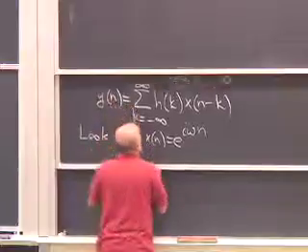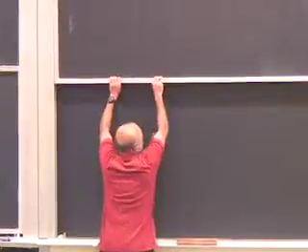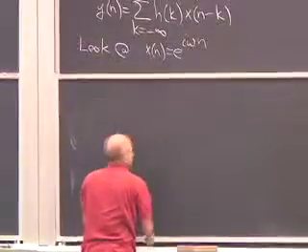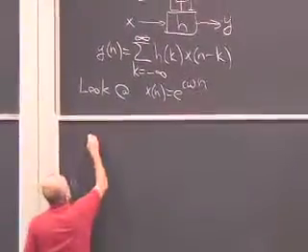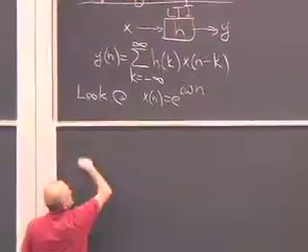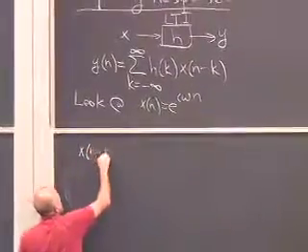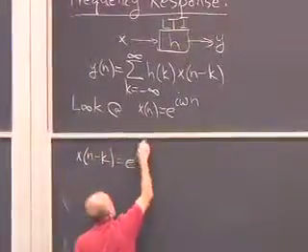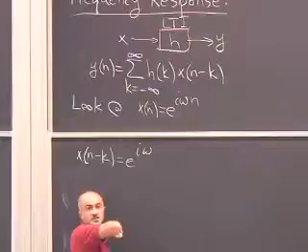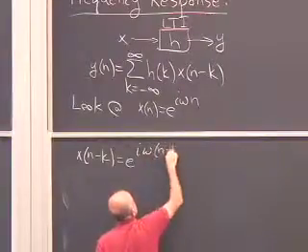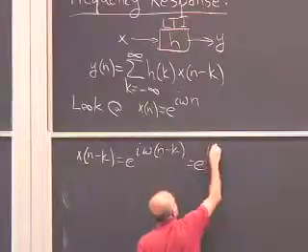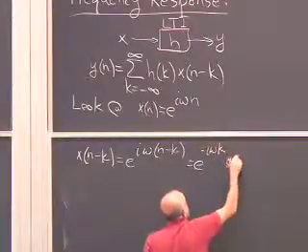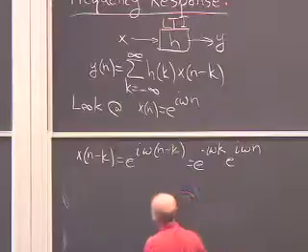When we did this, and we plugged it into the convolution equation, well, in the convolution equation, we need x of n minus k. So wherever I see an n, I replace it with n minus k. And I can write this as e to the i omega minus i omega k, e to the i omega n.